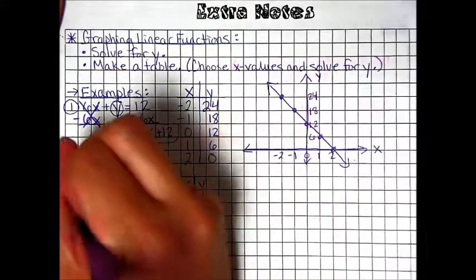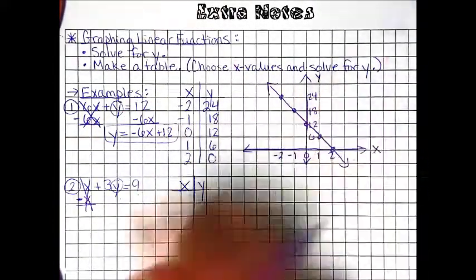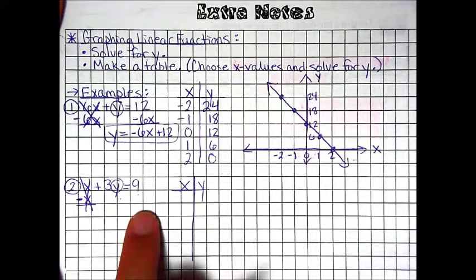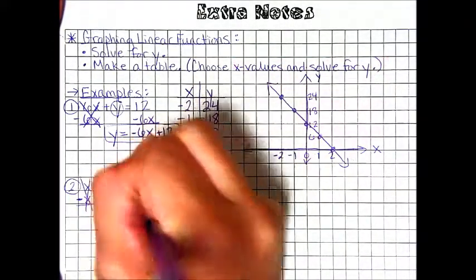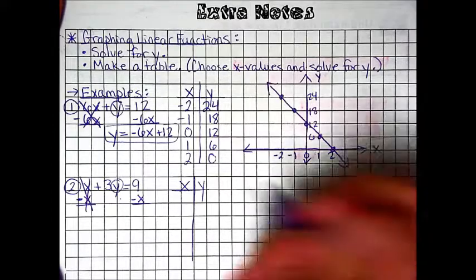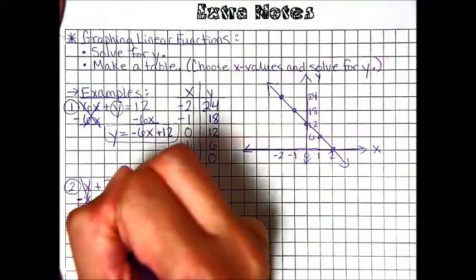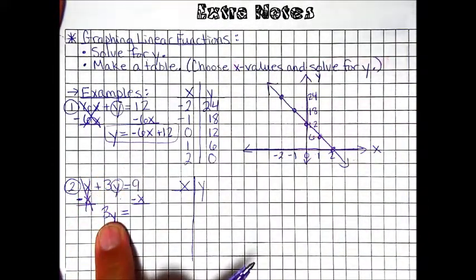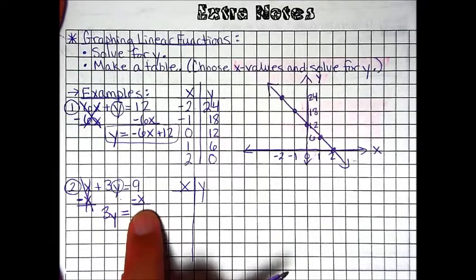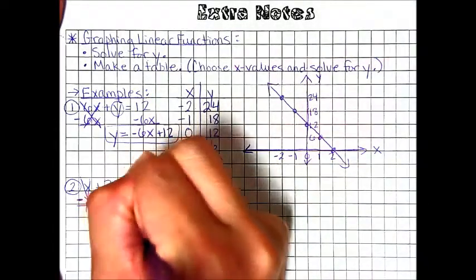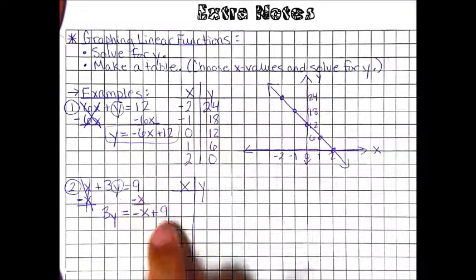x minus x, gone. But if I do that on the left side, I have to do that on the right side. So here's what my equation says right now: 3y on the left side of the equal sign, and then this I would write as negative x plus 9.